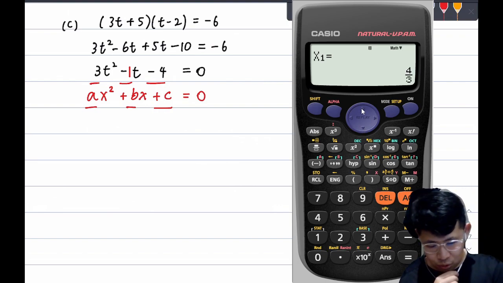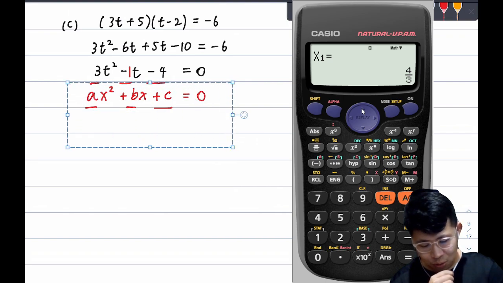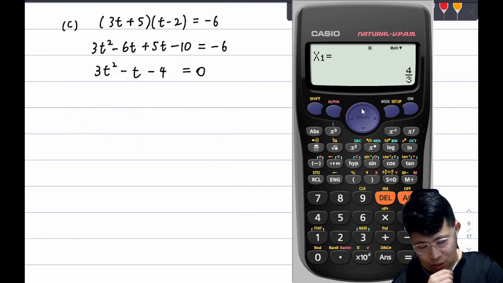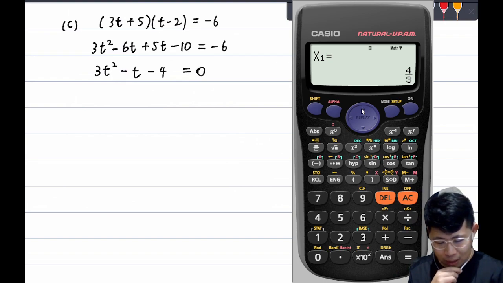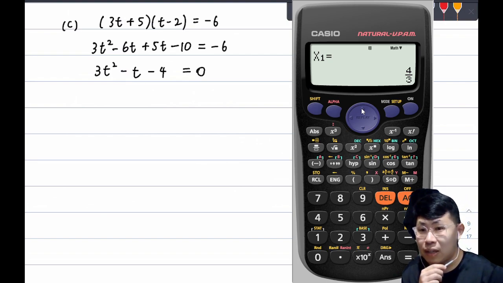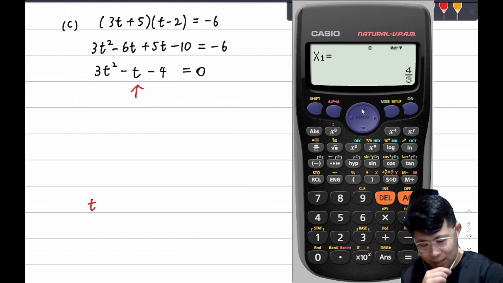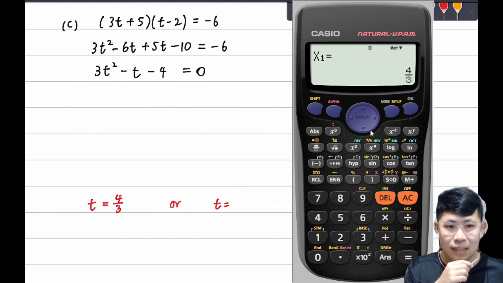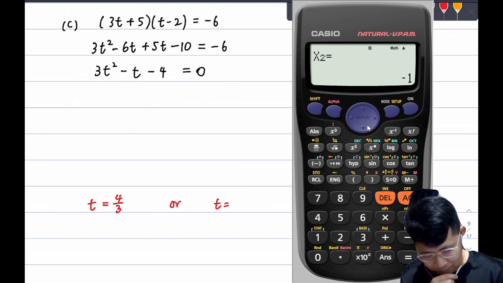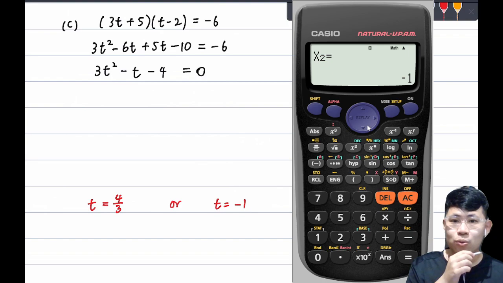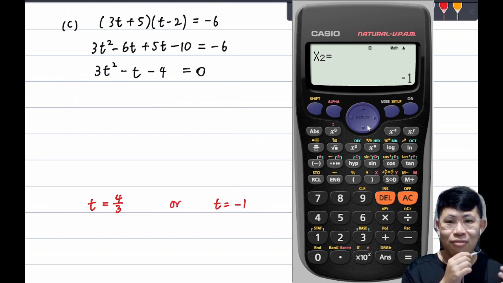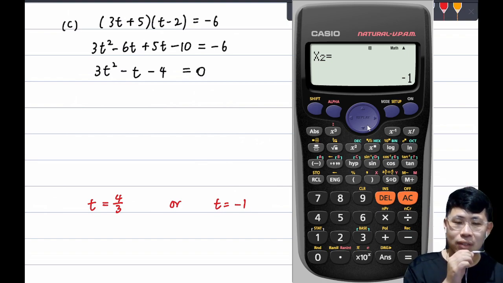So let me show you how we factorize back to the original equation. Let's start with this first. Maybe we leave 5 lines for this. So we have t. t is equal to 4 over 3, or t is equal to negative 1, the second answer over here. We need to reverse, go back to the factors, so make one side of the equation 0.